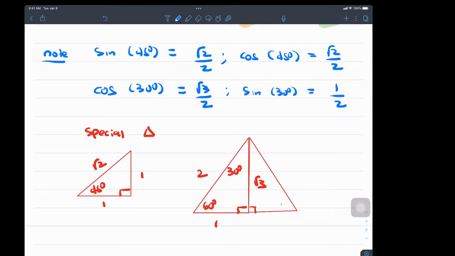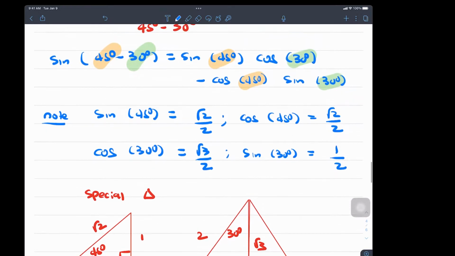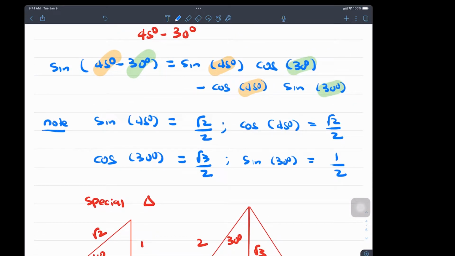Double check. All right, you guys okay with that? You see my point? It's just going to come down to two special triangles.